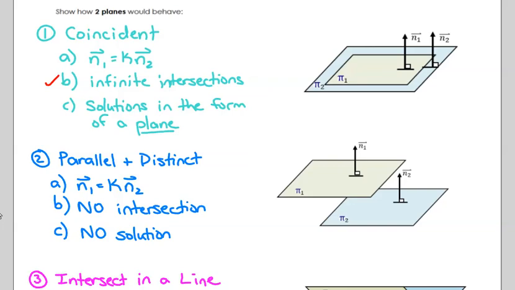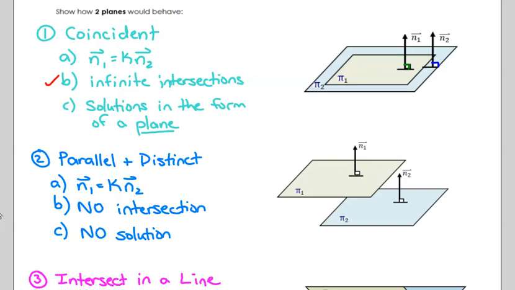If you take a look at their normals, remember the normals are the perpendicular vectors to each of the planes. This one's perpendicular to the green plane. This one is perpendicular to the blue plane. If both of the planes are parallel to each other, it must mean that their normals are also parallel to each other.